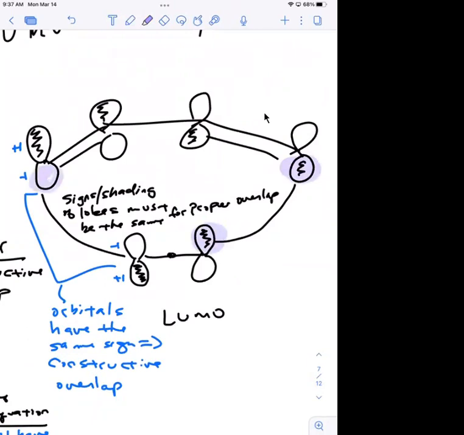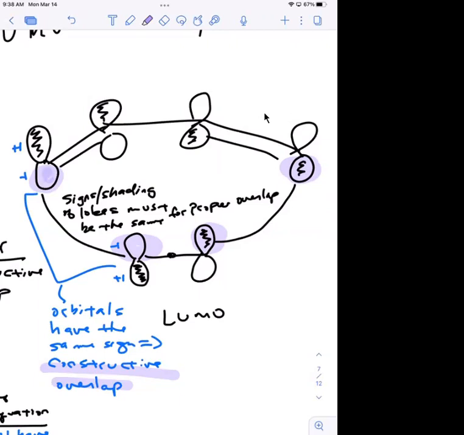If I want to overlap these two, they both need to be unshaded in order to get what we call constructive overlap. That's the bottom line. I know we went around the world to answer that, but it's good because the more information you know, the better it is when you see this somewhere else, and you can pull all that information up to get to that final conclusion. So it's good.